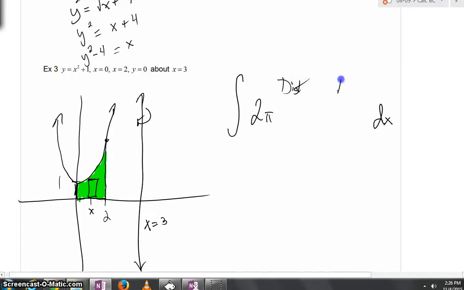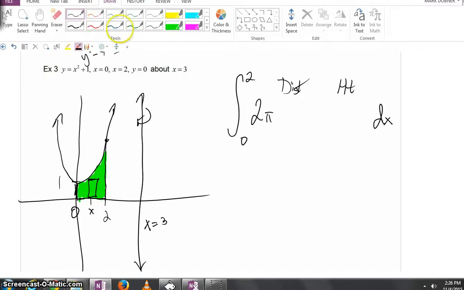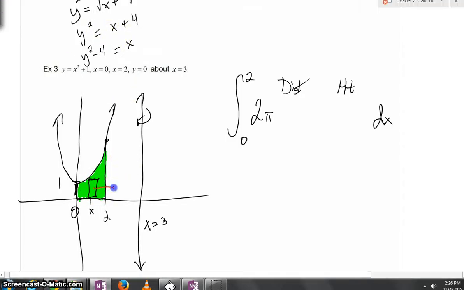So as we finish this up, we're going to say, well, my rectangles will span from x equals 0 to x equals 2. And we can talk about the distance one of these rectangles would be from the axis of revolution. Remember, you could have an x value drawn in for every value between 0 and 2.